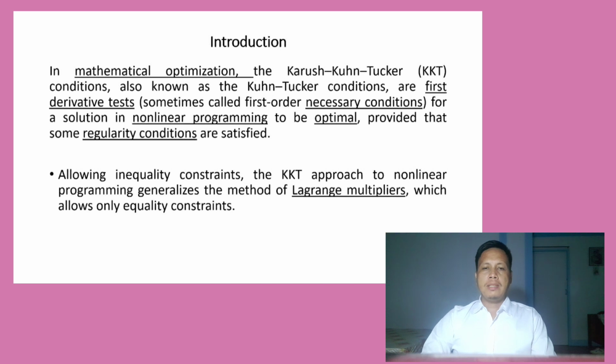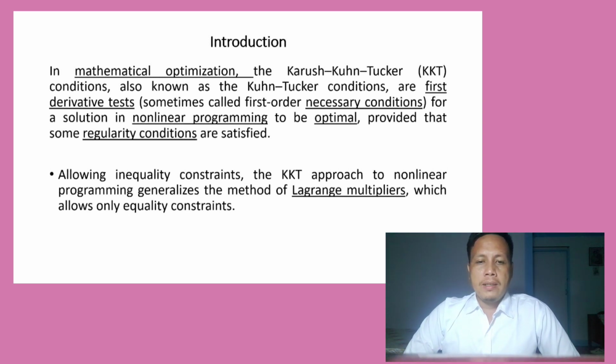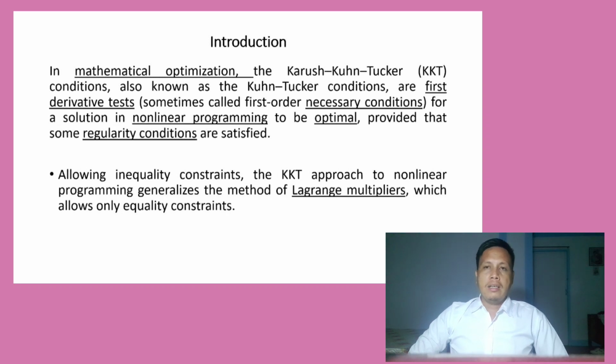In mathematical optimization, the Karush-Kuhn-Tucker conditions, also known as the Kuhn-Tucker conditions, are first derivative tests, sometimes called first-order necessary conditions, for a solution in nonlinear programming. When we say nonlinear, the degree of the equation is more than 1.